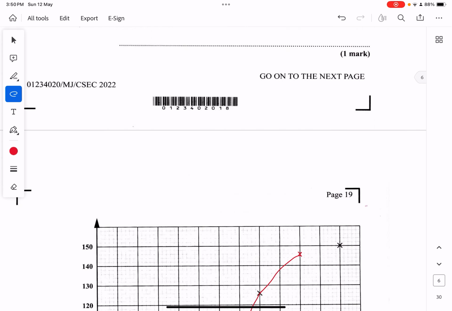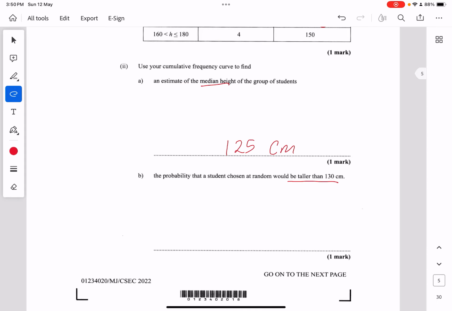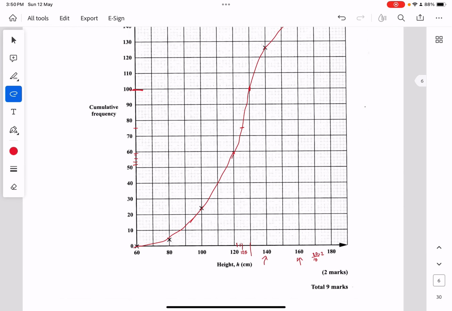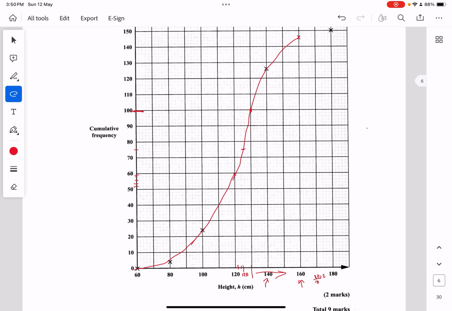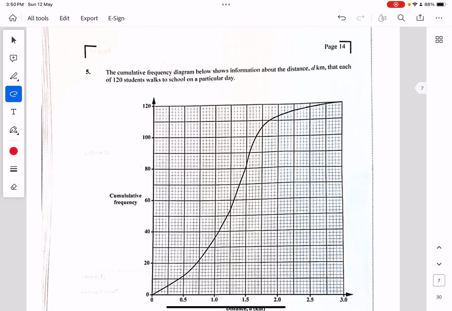Let me look at the question again. A student chosen at random would be taller than, so we want to get those that are taller. So those that are taller would be anything above 130 cm, so anything going in that direction. So from 100 to 150 would be 50 students, right? So that will be 50 students.